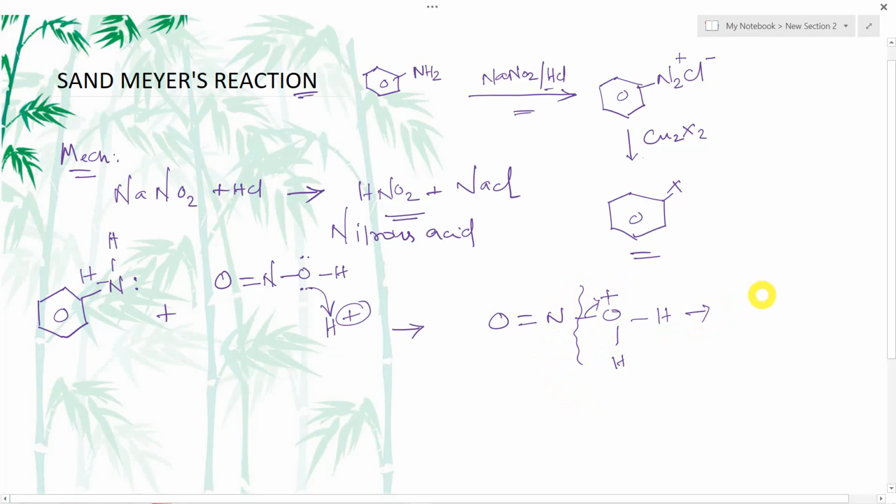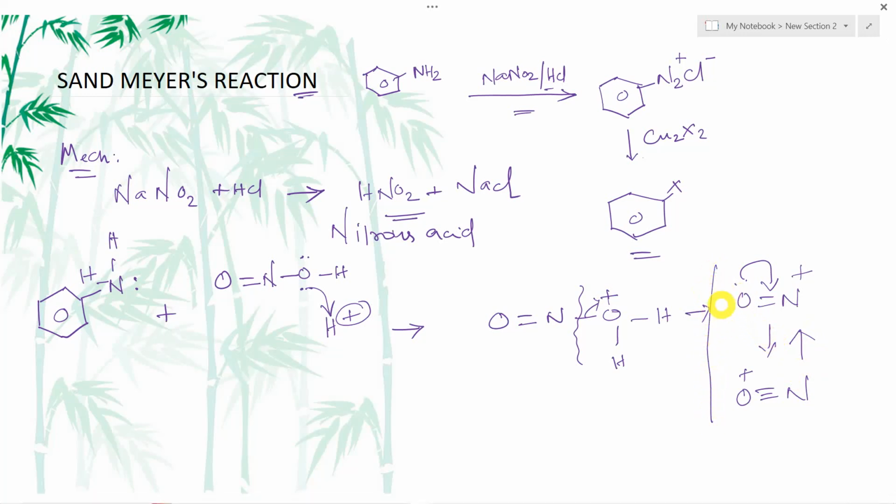By leaving the nitrogen positive, this gives rise to O double bond N plus. Then the oxygen has its lone pair of electrons. So what happens here again? This oxygen gives its lone pair of electrons. That gives rise to O positive triple bond N. So this is called nitrosonium.